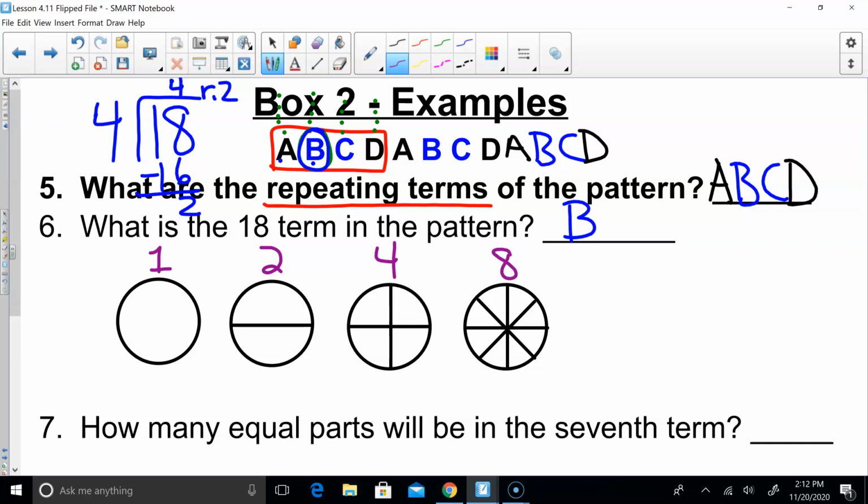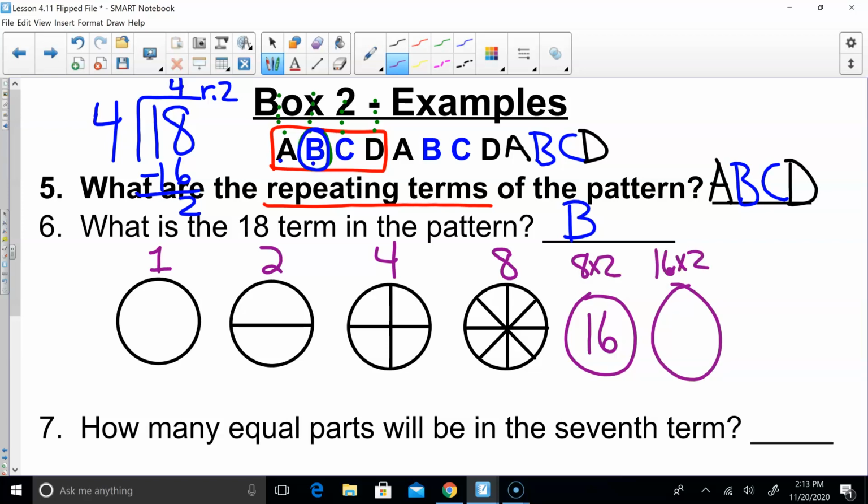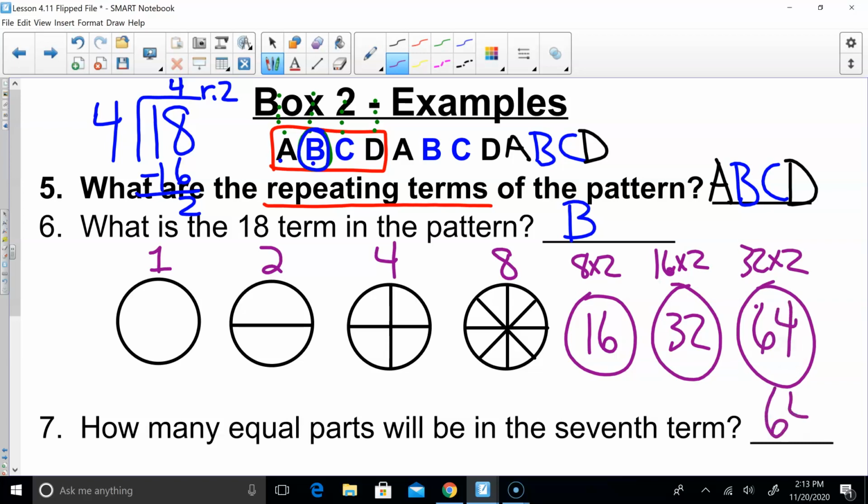So in the 5th one, there would be 16 pieces because it would be 8 times 2. And the next one, 16 times 2 would give us 32. And in the last one, it would be 32 times 2, which would give us 64. So how many equal parts would be in the 7th term? 64. Good thing I didn't have to draw that because that'd be some really tiny parts.